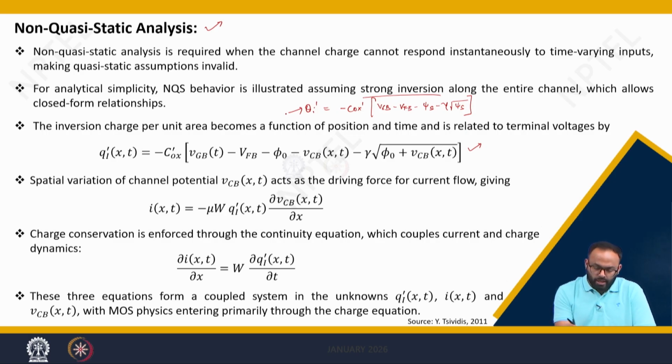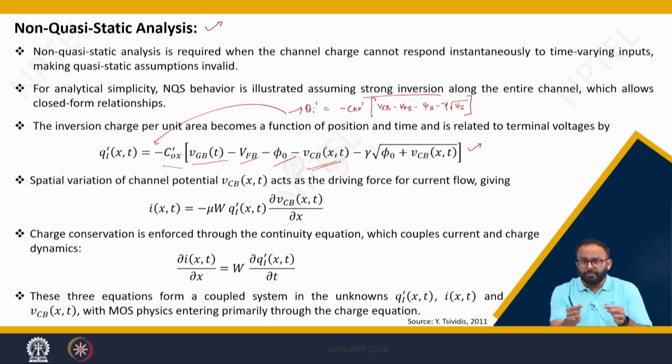However, for a time-varying signal or time-varying charge, you can write minus Cox dash into (VGB, which is a function of time, minus V flat band voltage minus phi naught minus VCB). Here VCB is the voltage between source and drain, and hence it will be a function of x and t, minus gamma, the body factor, times the surface potential.